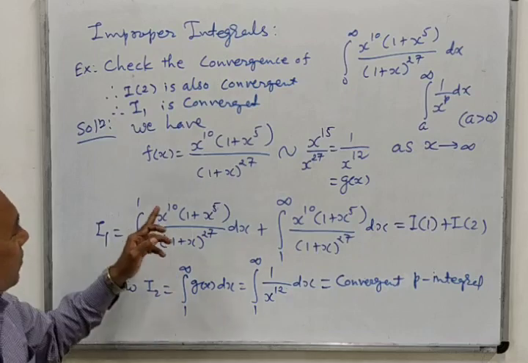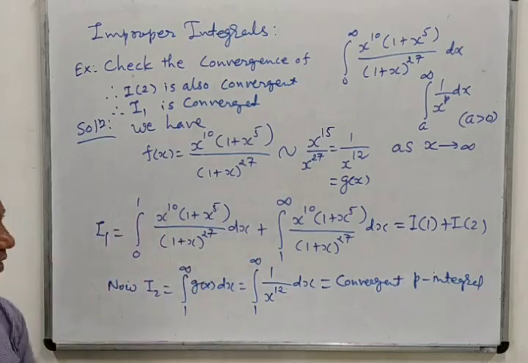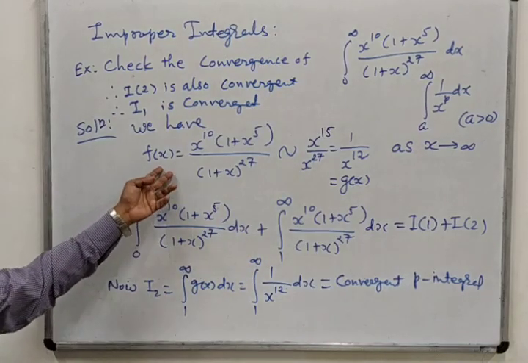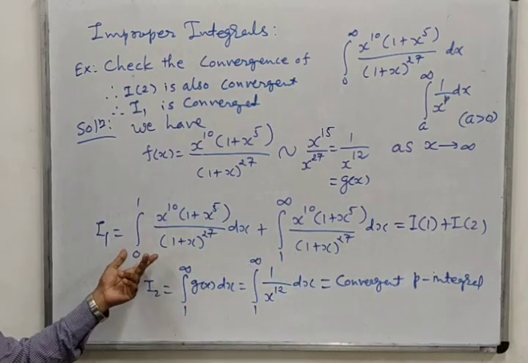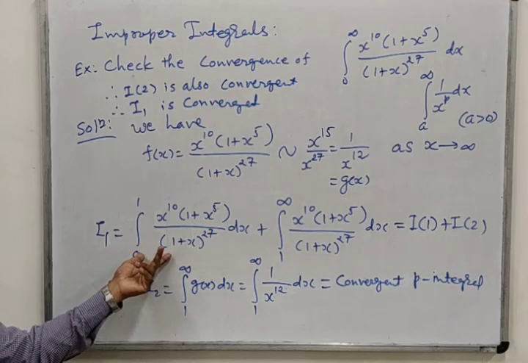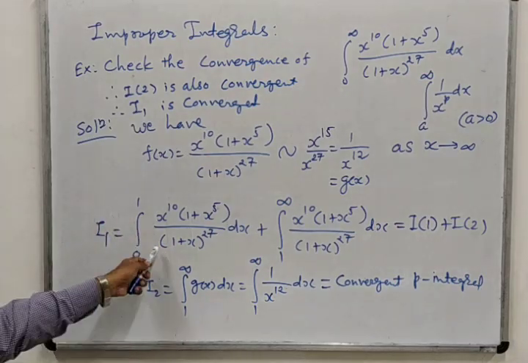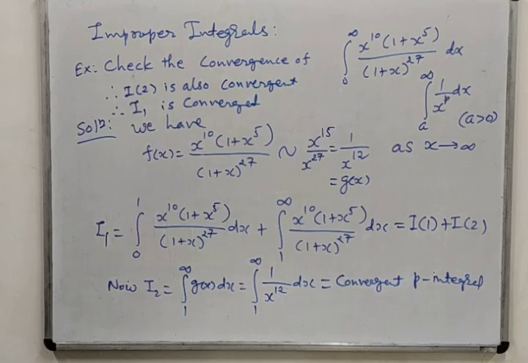To do this we have split the integral into two parts, and then we have used comparison test, and this we applied on the second integral only, because this is convergent directly as it is continuous function. Okay, so you note down this problem, and after the end of this lecture I will give you sufficient time to practice yourself all the examples whichever I have discussed on this board.